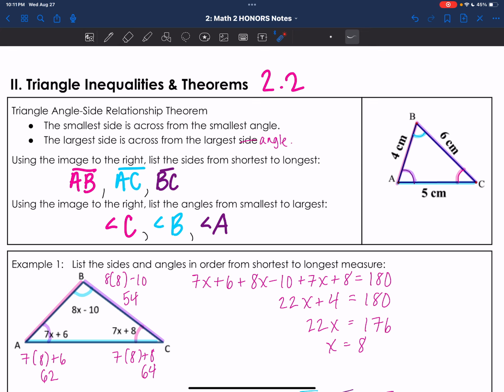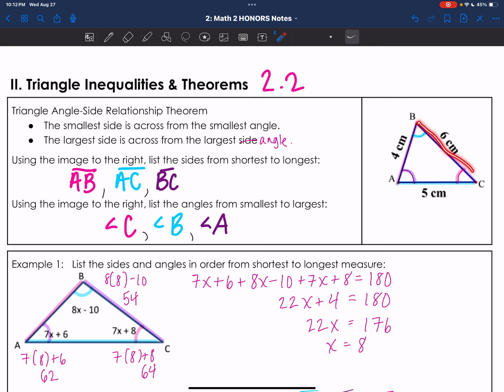So if you're looking over here, notice this is the smallest side. That's going to go with this angle. So we know this one goes to that because they are across from each other. Now, if you were to look here, we know 5 is the middle, and since this is the middle length, that's going to go across, so that's going to be the middle angle as far as size.